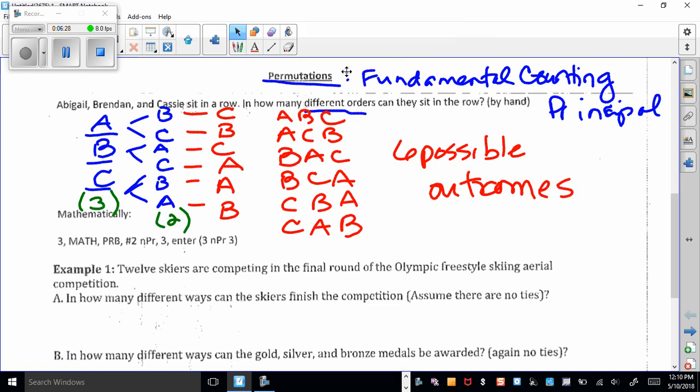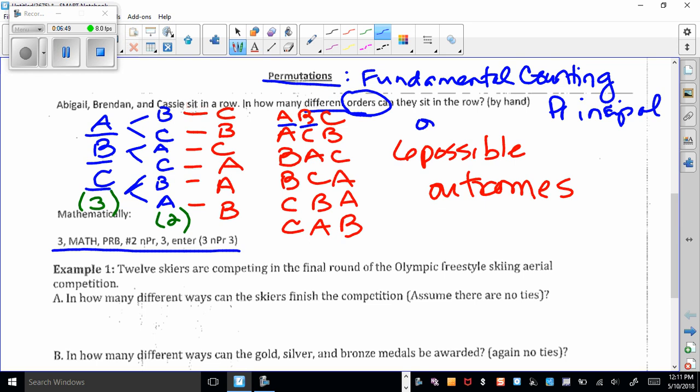That is because order matters. If Abigail's in the first chair, that's totally different than if Brendan's in the first chair. So for permutations, order matters. We're talking about different orders, so order matters if it's a permutation.